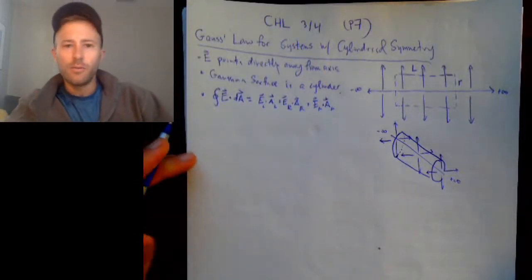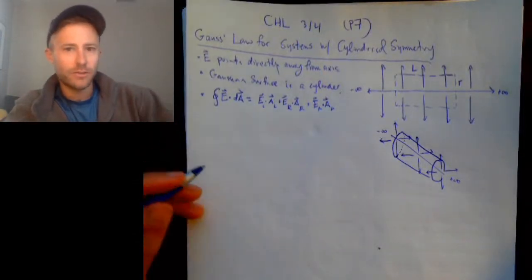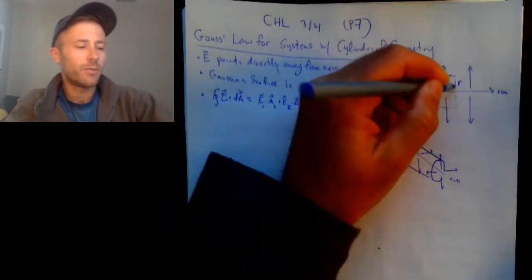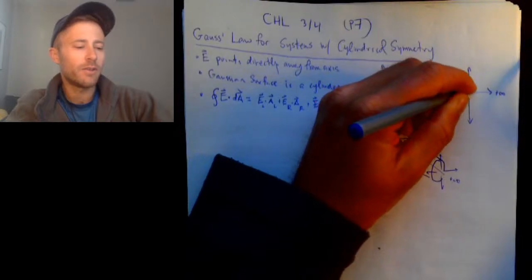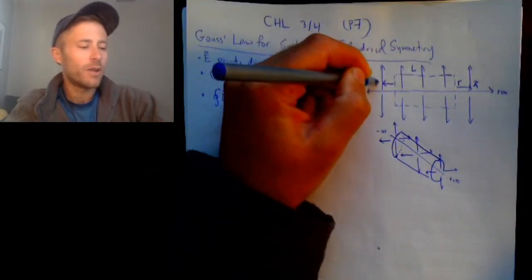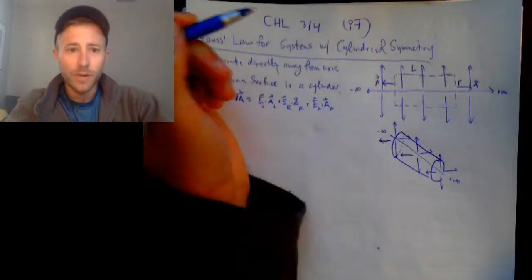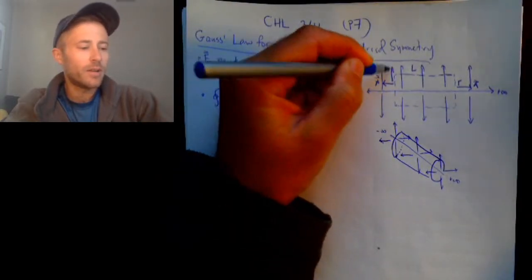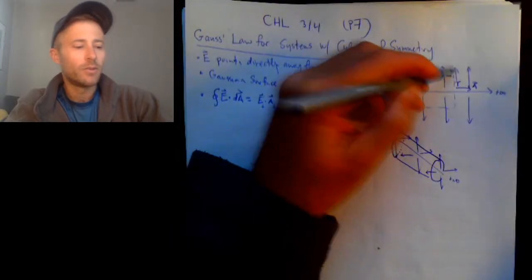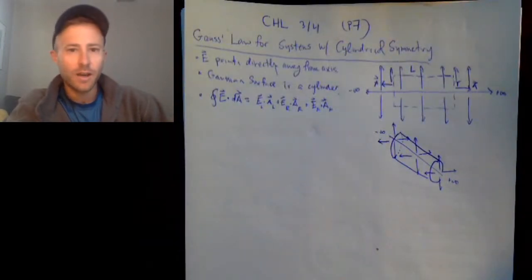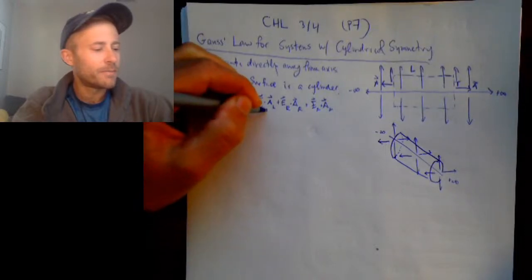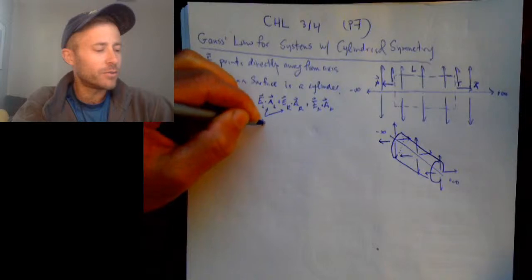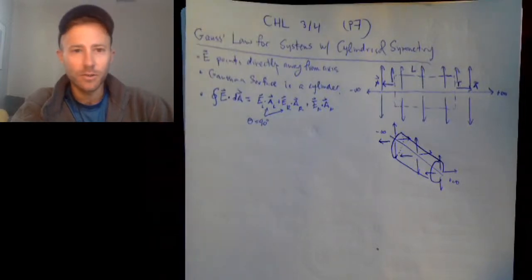Now if we look at the left and the right faces, they have area vectors that point away from the face. But the electric field points up and down. So both the left and the right faces have an angle of 90 degrees between the area vector and the electric field.